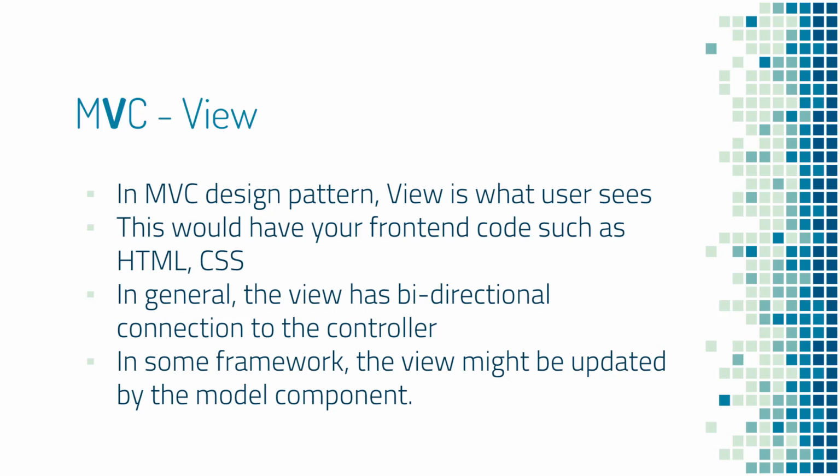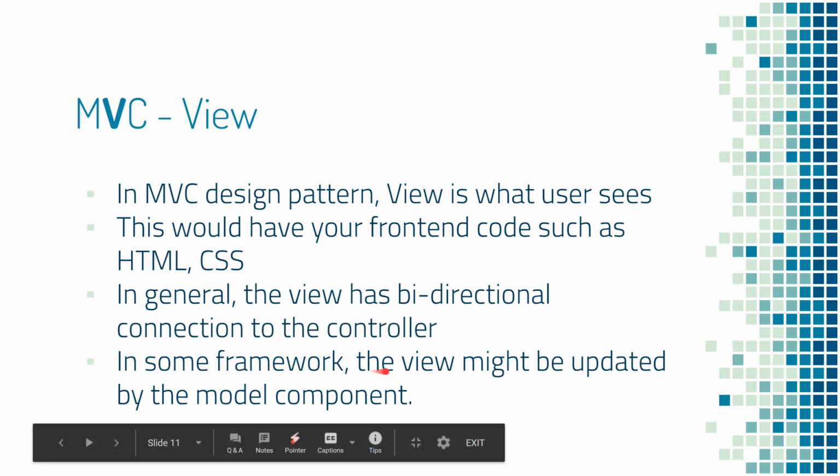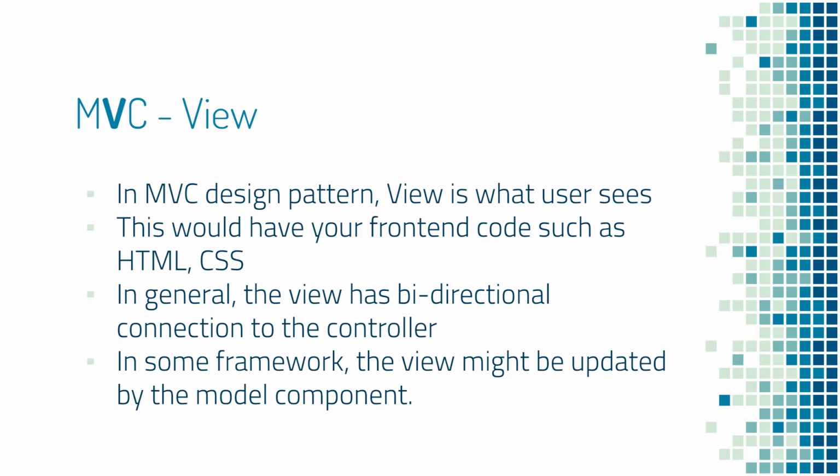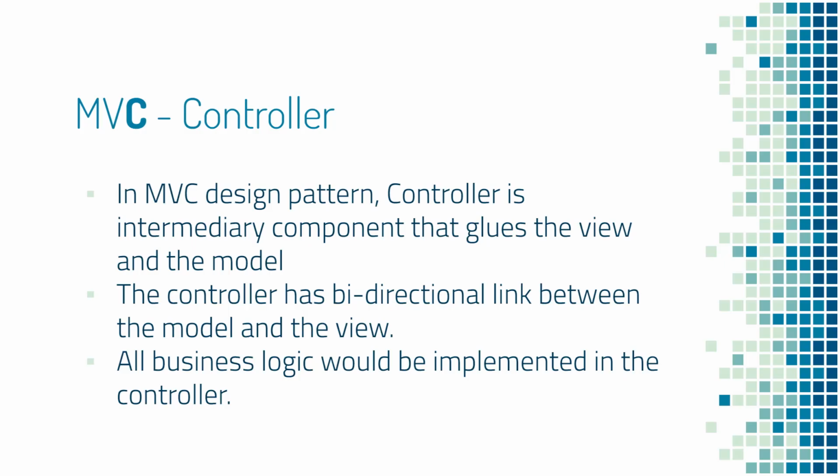In some frameworks, the view might be updated by the model component, but as I said, this is not adopted by all frameworks. The controller, as we said, is the intermediary component that glues the view and the model.